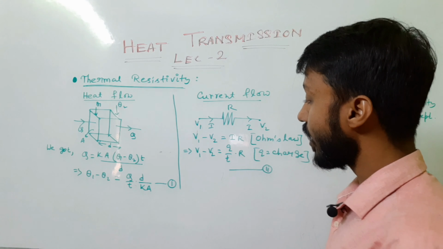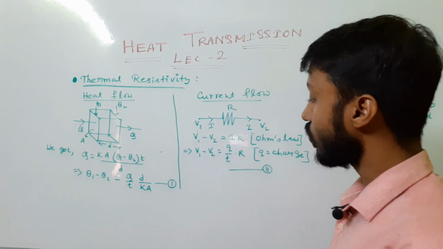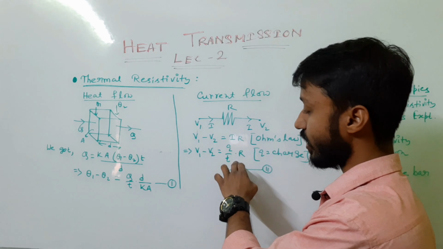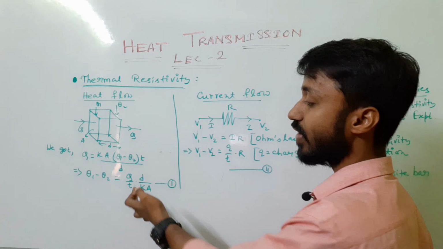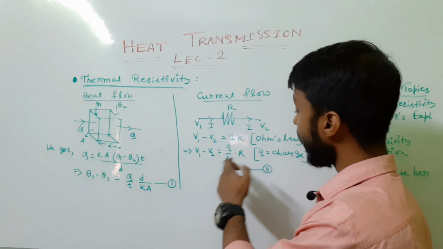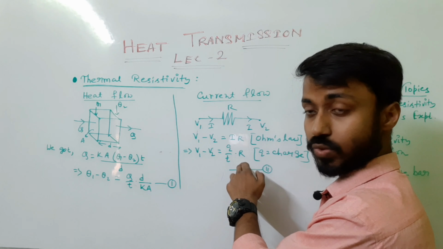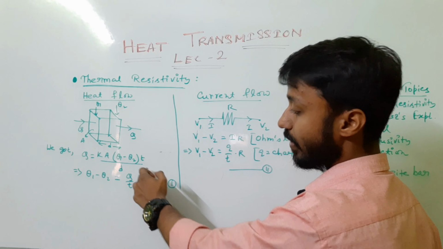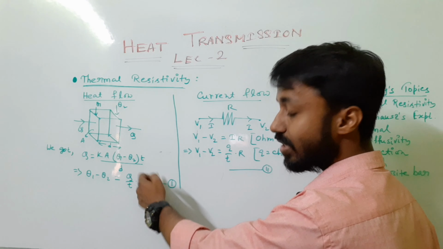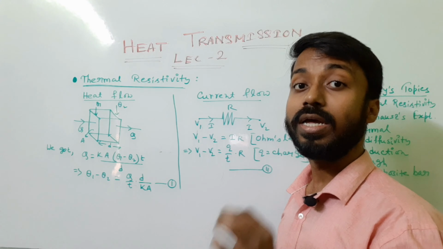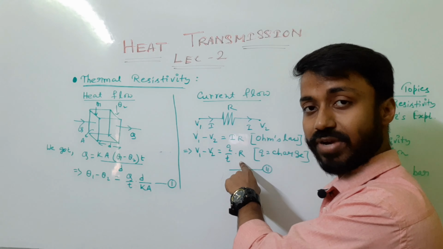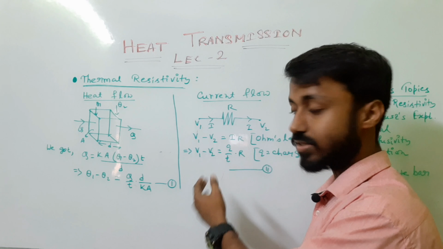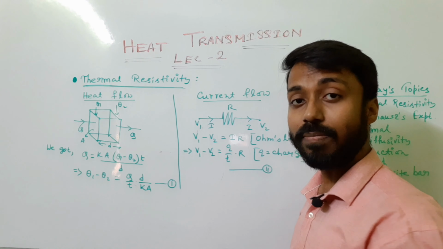By comparing, V1 minus V2 is similar to the temperature difference. Q by T, charge by time, will be equivalent to heat by time, and R, the resistance, will be equal to the term D by KA. So this D by KA term is called thermal resistance. This is the electrical resistance, and this will be the thermal resistance.